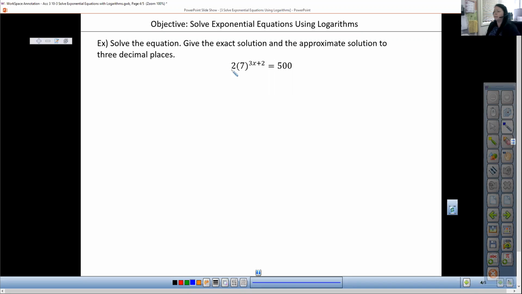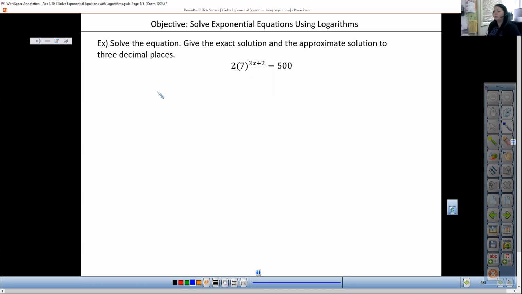Some people will mistakenly multiply 2 times 7 to change the base to a 14. That's incorrect. It's invalid. And it violates order of operations, because when you're simplifying, exponents have to be simplified before multiplication can be done. We can't simplify 7 to the power of 3x plus 2. Therefore, we cannot do the multiplication between 2 and the power.